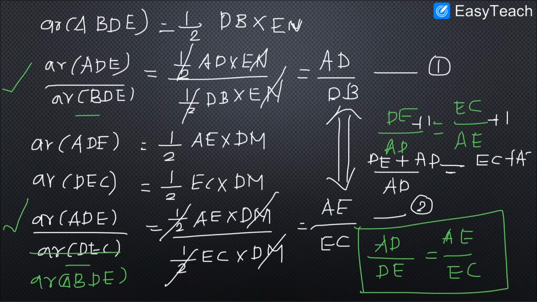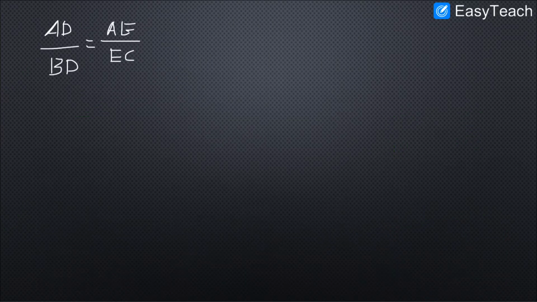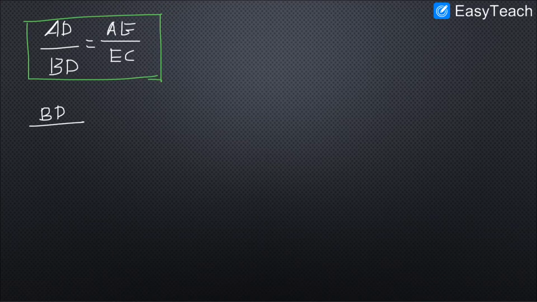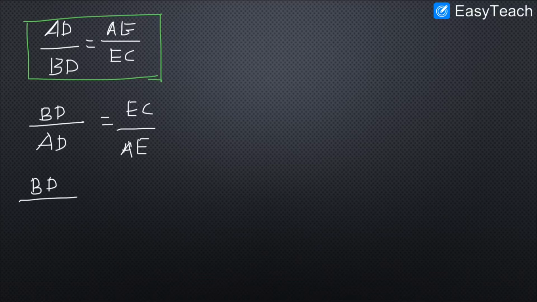Let me do it on the next page. Sorry, this is AD by DB, okay? Sorry for that. So AD upon DB, this is our proof, right? So what I told, the reciprocal of this is also true, which means BD upon AD equals EC upon AE. This is also true.